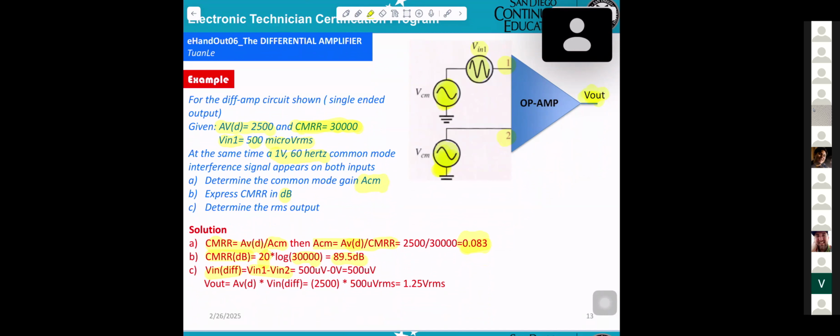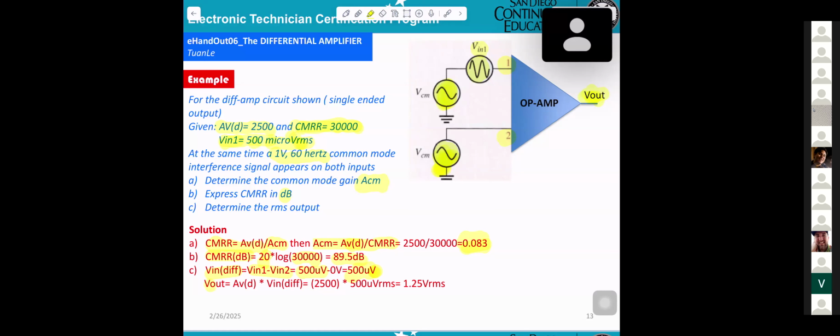So basically V in 1, 500 microvolt RMS minus 0. You get 500 microvolt.